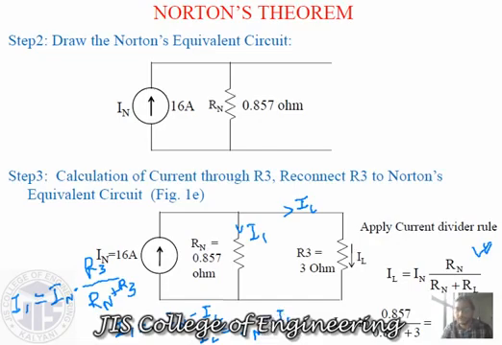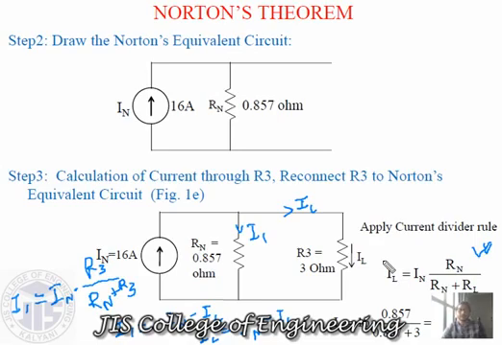You can use any of the formulas, but generally we find it by applying this current dividing rule, and if we want to find this load current, apply the current dividing rule and you can find the overall current. Similarly, there is another approach also: you can find this current by source conversions if required.